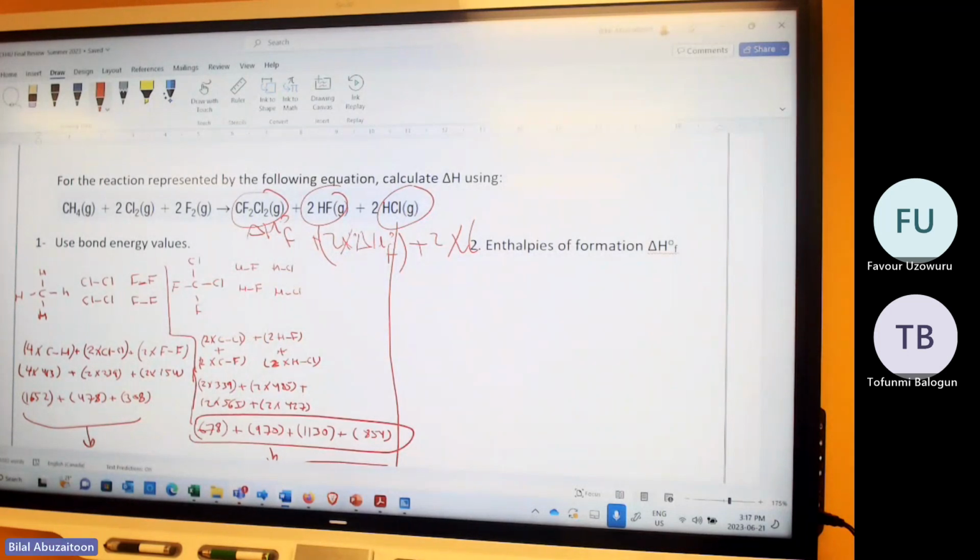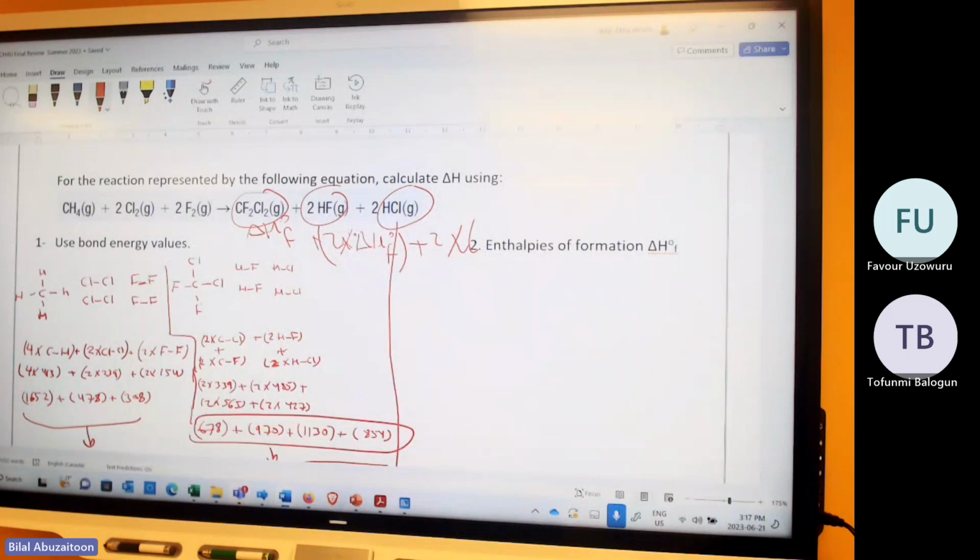Divide it. So what are you doing? No, I just got that. Second one, I think. Enthalpy of formation.